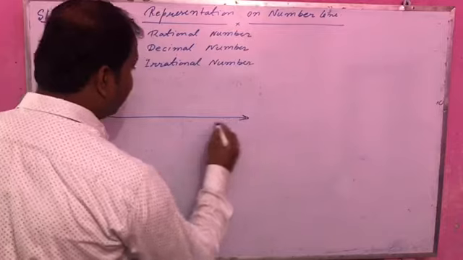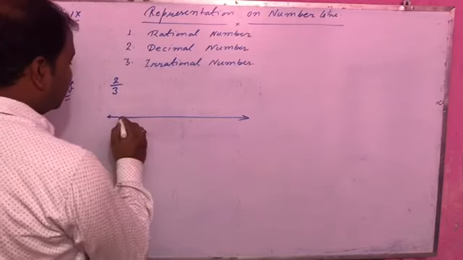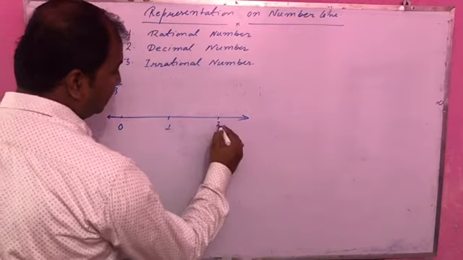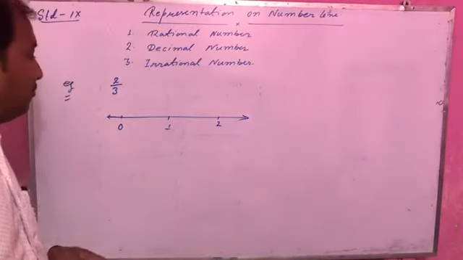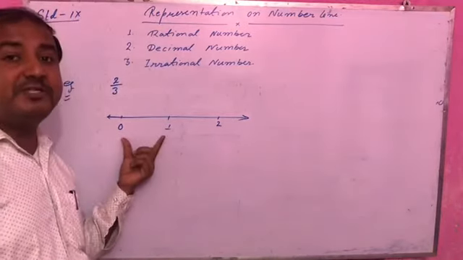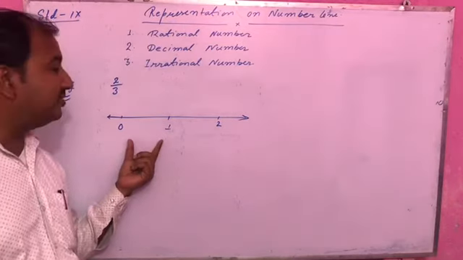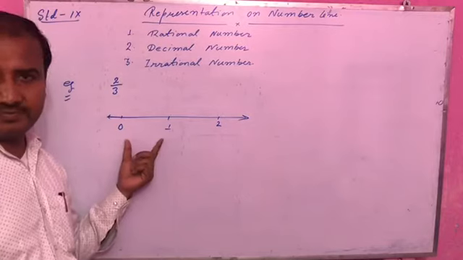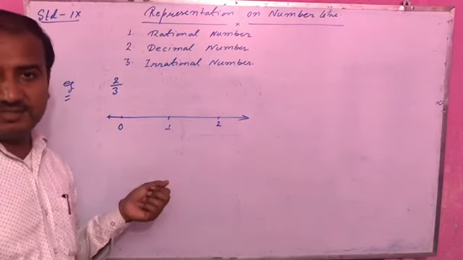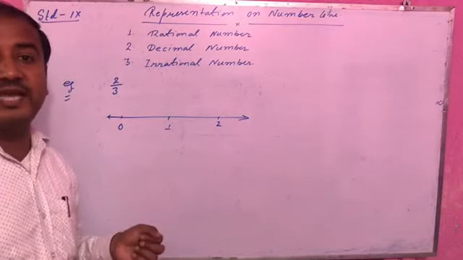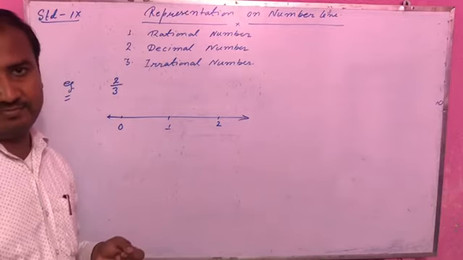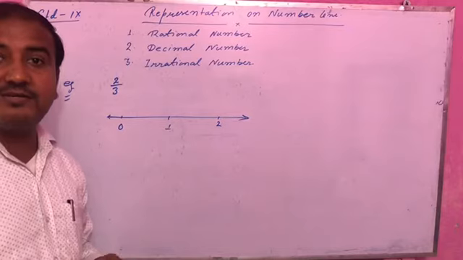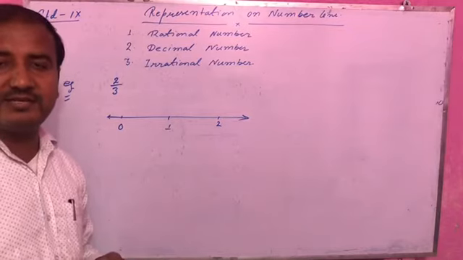Just draw a number line. Put over here 0. This is 1. This is 2. Sir, what should be the distance between 0 and 1? What should be the distance between 1 and 2? This is 1 unit. Now the question is, what can be taken as 1 unit? 1 centimeter, 2 centimeter, 3 centimeter.